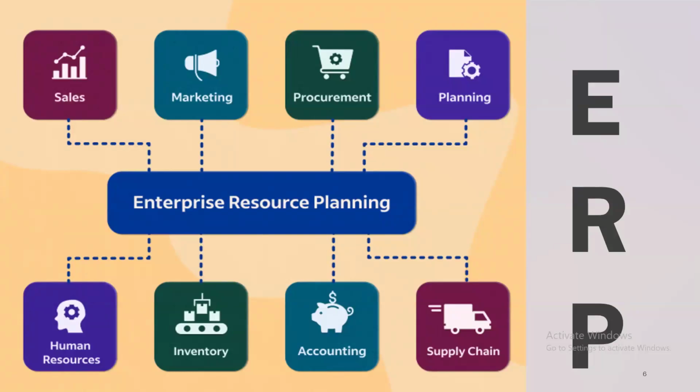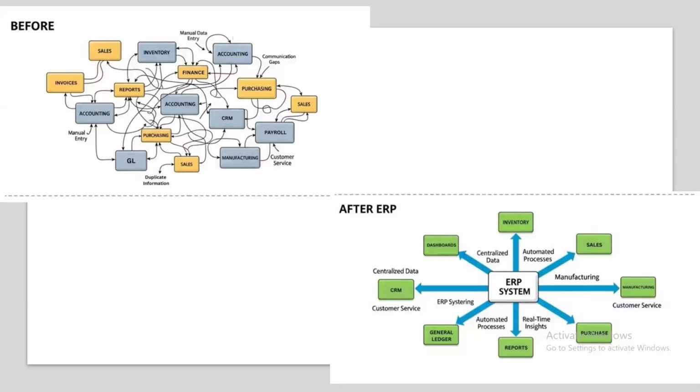Let's say before ERP existed in the world, there were business activities. We can take one example: a manufacturing company or a service oriented company. You may think, sir, we are learning some technical technologies.